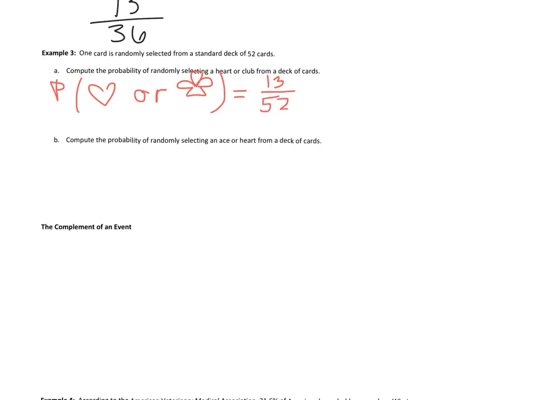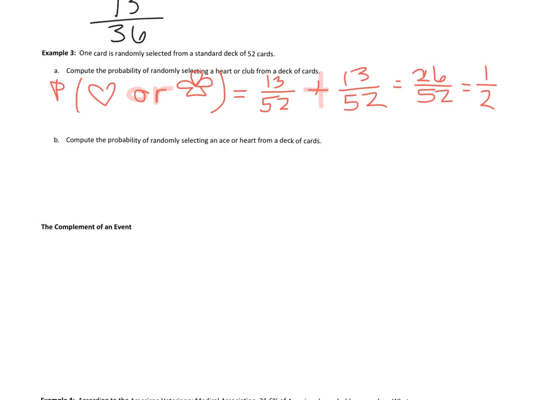And these are mutually exclusive, so we can just look at the probability of hearts plus the probability of getting a club, and there's no overlap. So that's how we set up that problem. Same denominator, so we're looking at 26 over 52, which is half. All right, and again, remember when we see this word or means addition.